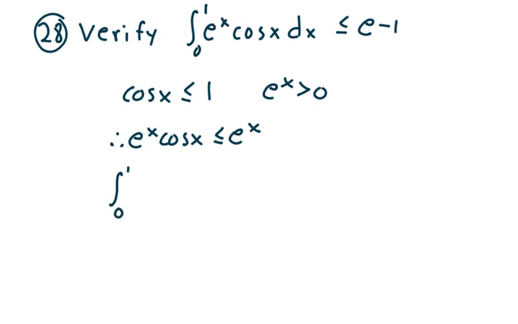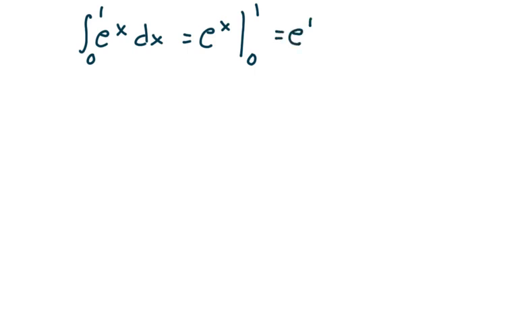The integral from 0 to 1 of e to the x cosine x dx must then be less than or equal to the integral from 0 to 1 of e to the x dx. So let's take a look at the integral from 0 to 1 of e to the x dx. This is equal to e to the x evaluated from 0 to 1. If I replace x with 1, I get e to the first.